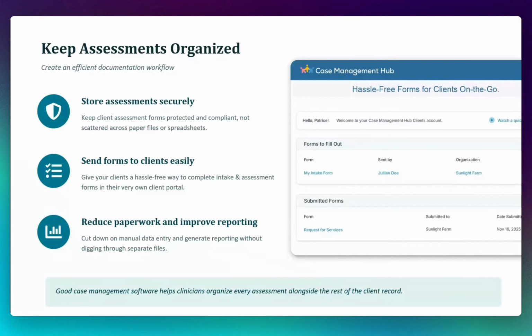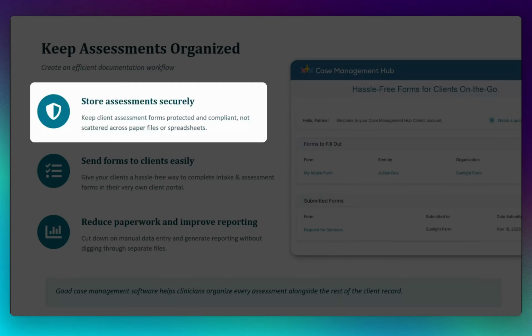Good case management software helps you organize every mental health assessment along with the rest of the client record. Here's some key things to look for when you're choosing a good case management system. You want to make sure it's HIPAA compliant and that it can store assessments securely.